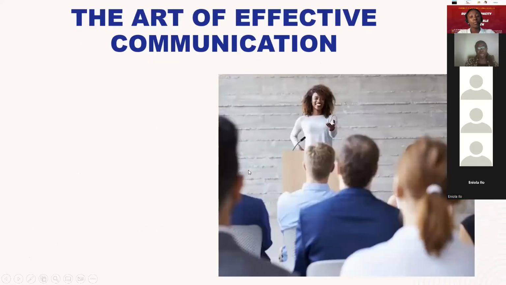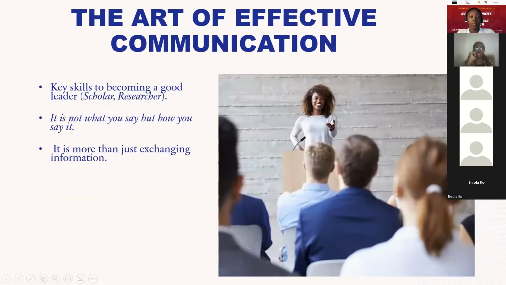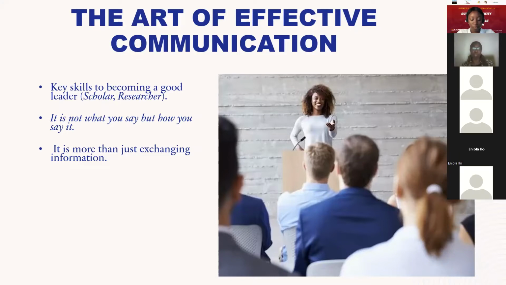So after understanding the process of communication, you want to think about the art of effective communication. What is involved in the art of effective communication? In this case, you will be talking about how you become a good leader as a communicator. Because you are a communicator, standing in a space where you are disseminating this message, using this process of communication, as a researcher, as a scholar, how do you then communicate the information that you have?